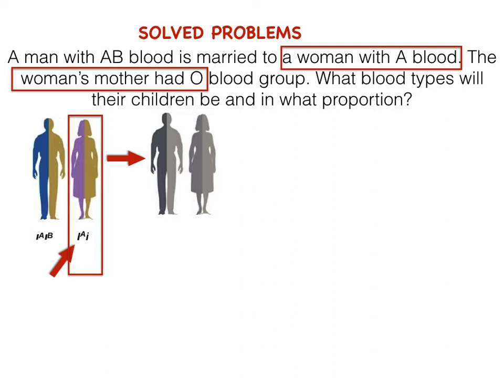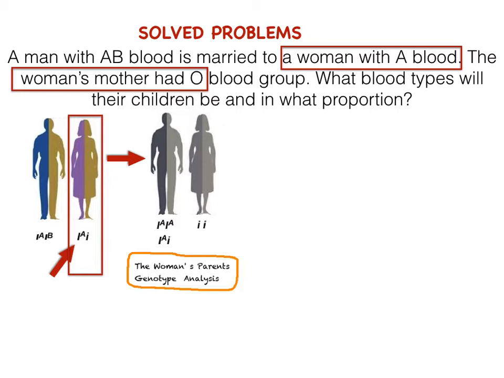We know that the woman's mother is O. Now we can talk about the woman's parents' genotypes. The woman's father has to have A blood type, because she has A. So the dad can be either a homozygote for the A allele, or he can be a heterozygote.